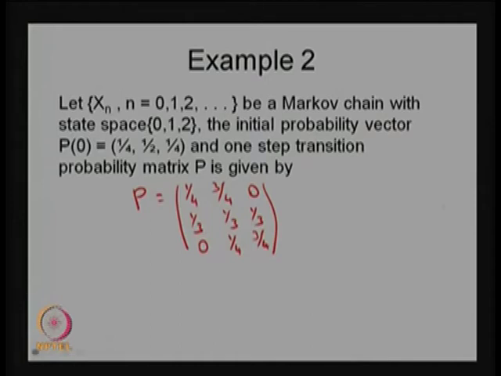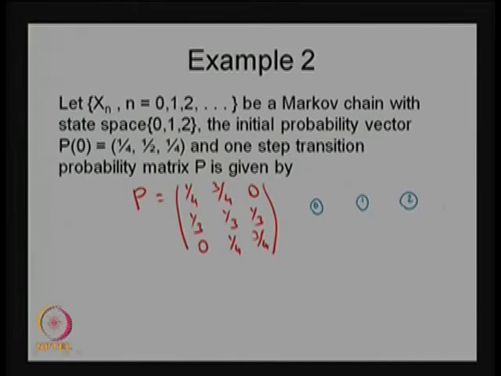That means the system can start at the 0th step with the probability 1/4 from the state 0, from the state 1 with the probability 1/2, and it can start from the state 2 with the probability 1/4. Also the 1 step transition probability matrix is provided. From it you can draw the state transition diagram, because the state space is 0, 1, 2.